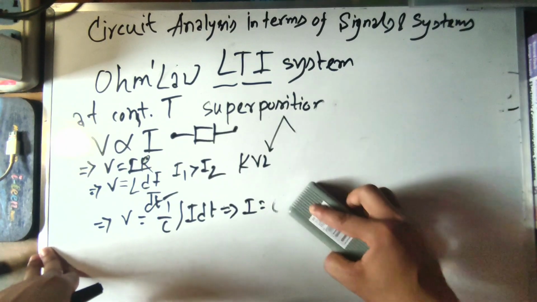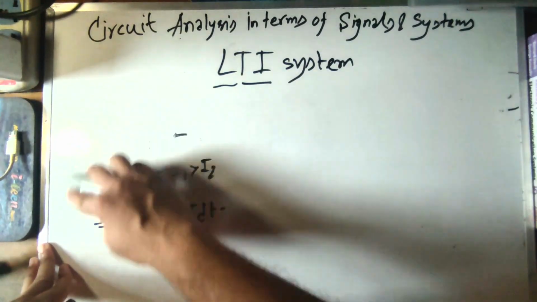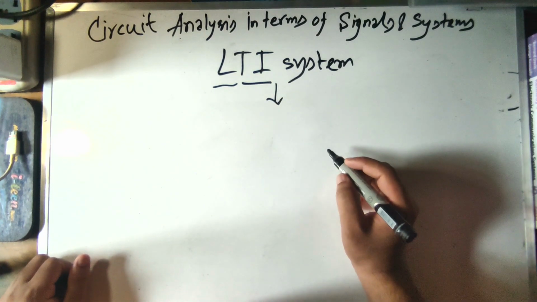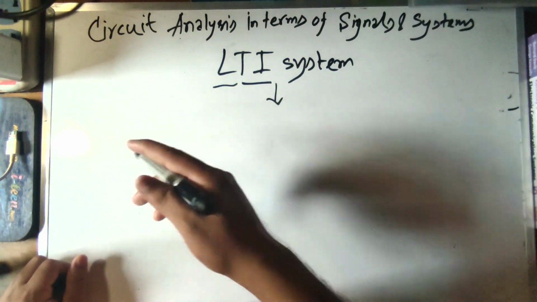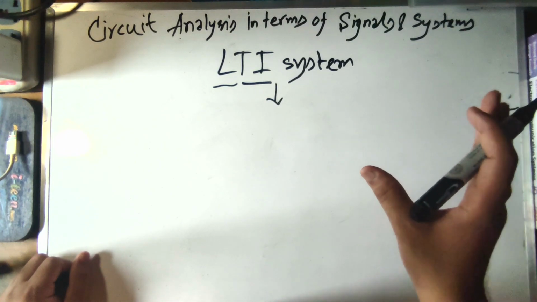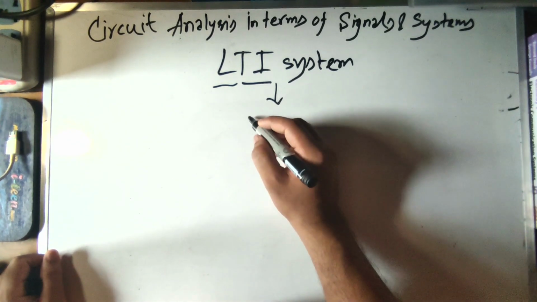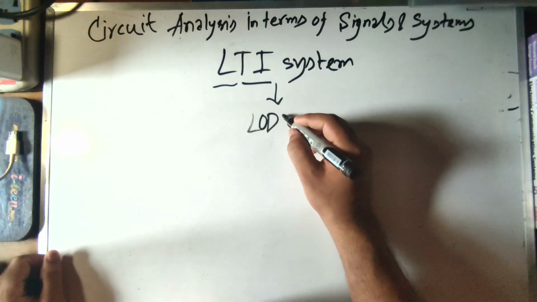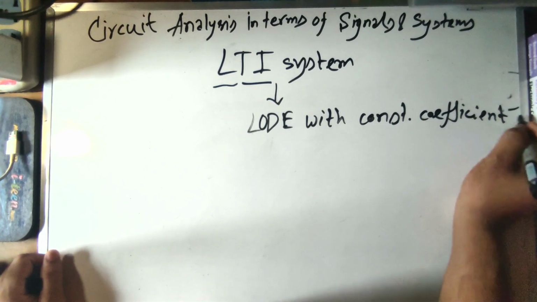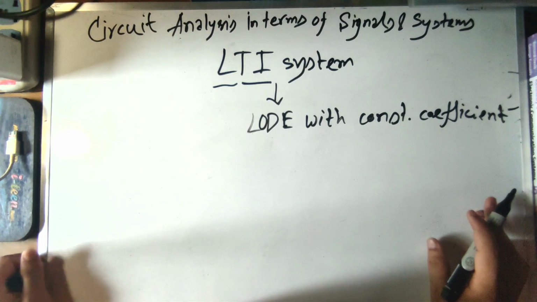Because LTI systems abide by Ohm's law and the superposition principle, we can apply KVL and KCL. Electrical systems, if we model them as LTI systems, which is called linear modeling or linear approximation, generate linear ordinary differential equations with constant coefficients, which can be easily solved using formulas that are already developed.